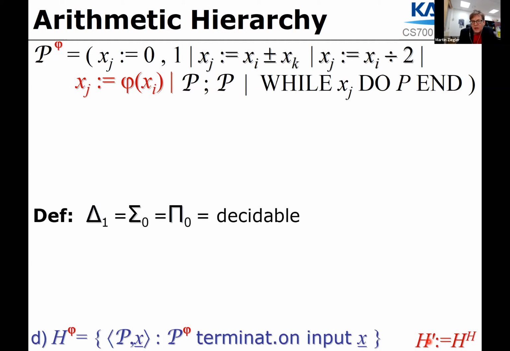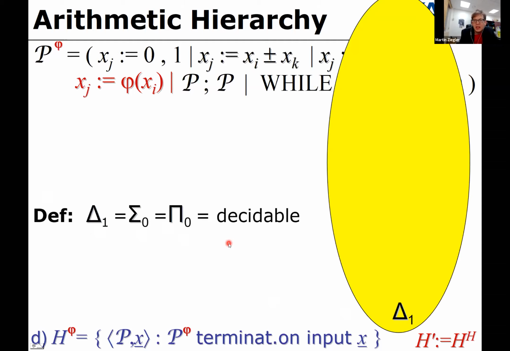So the lowest level of that hierarchy is comprised of the decidable sets. These Greek letters with indices denote subsets of natural numbers, namely decidable ones, all three the same. And this looks like this. On the bottom, that's the class of decidable sets. Next step up is the class of semi-decidable sets.